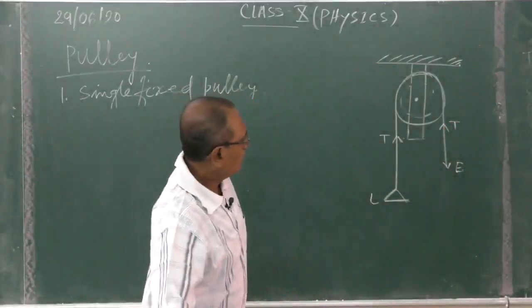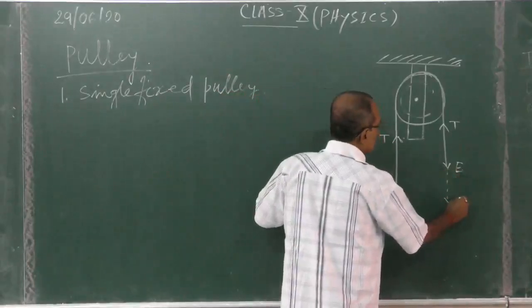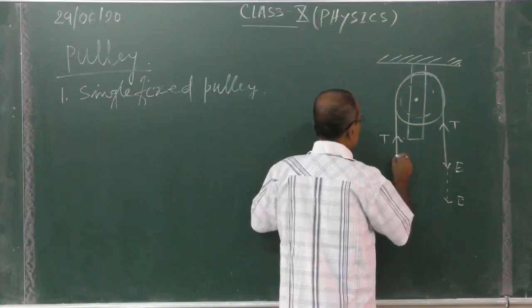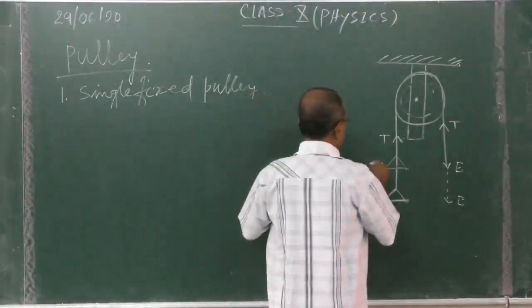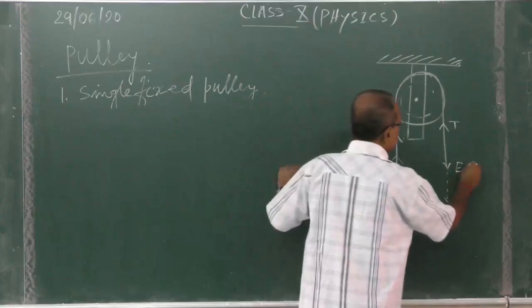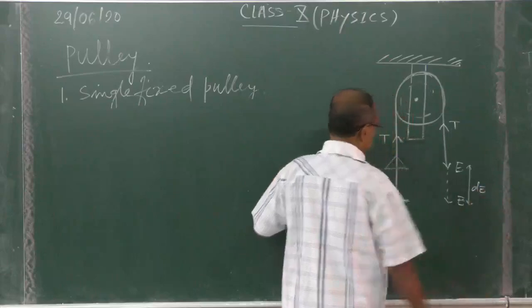When we pull this one downward, then load is also lifted upward. So this is load displacement, DL. This is effort displacement, DE.